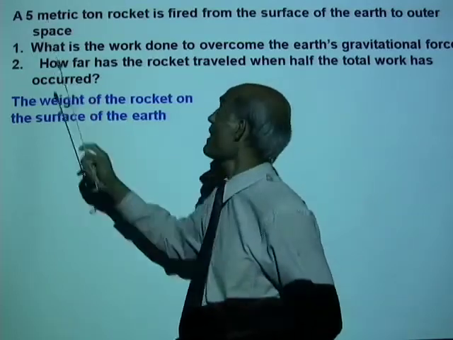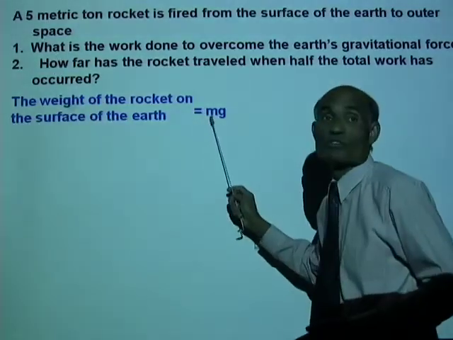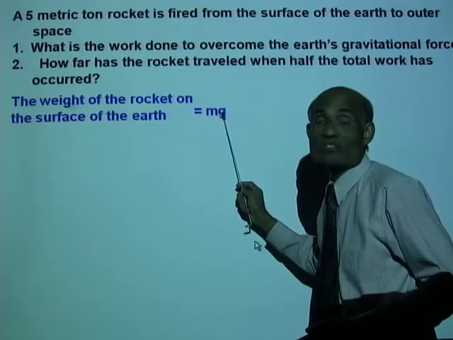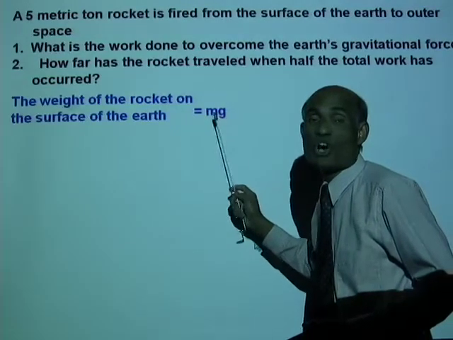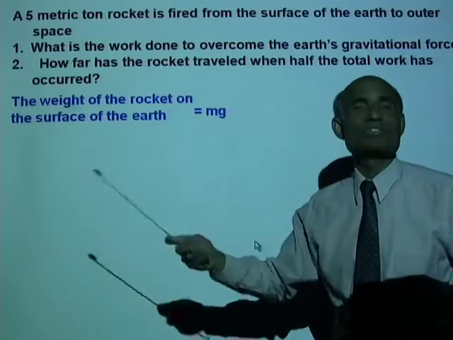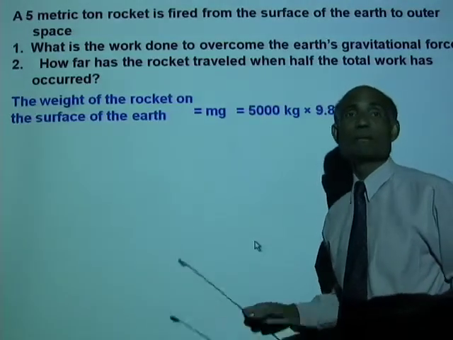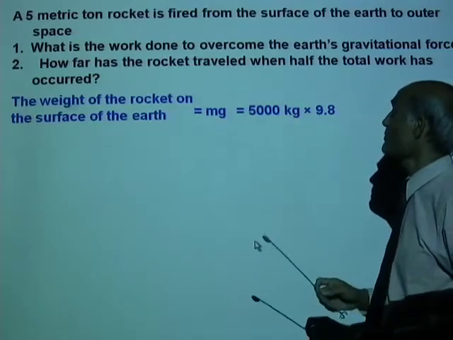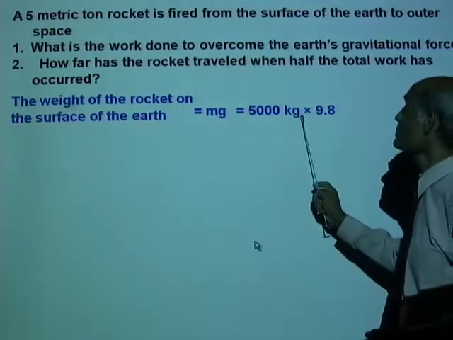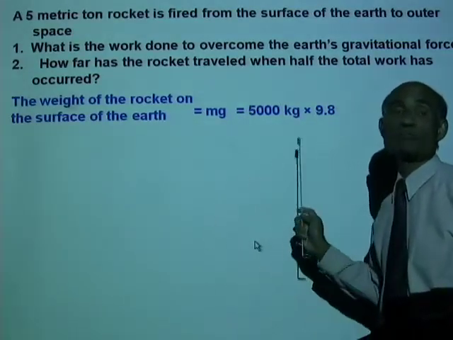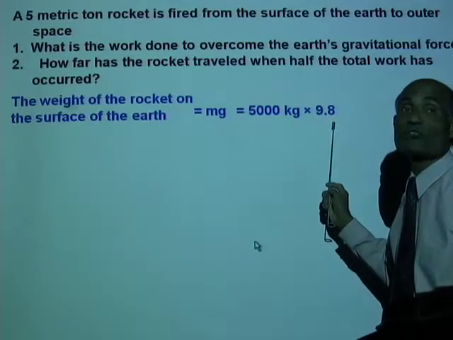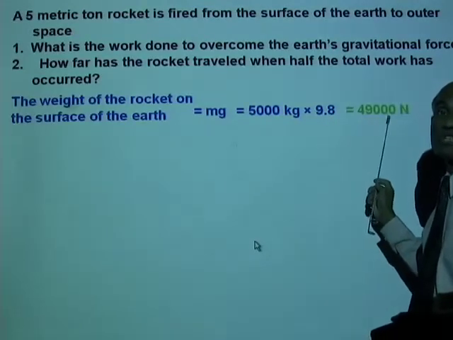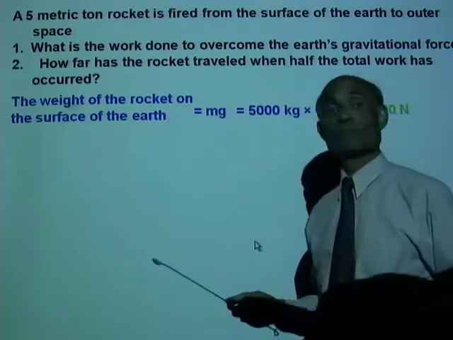And the mass is 5 metric tons. We can use g as 9.8 meter per second squared. So the weight is 5,000 kilogram times 9.8 meter per second squared. That is 49,000 Newton.